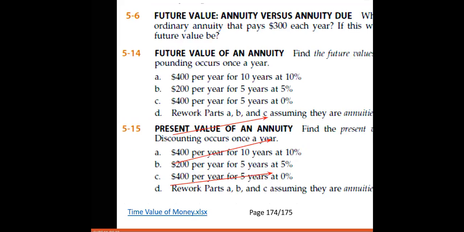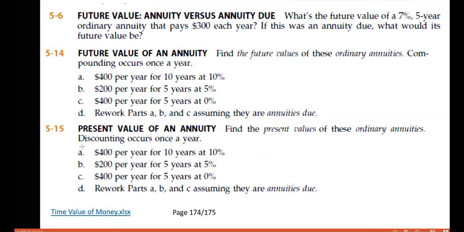The next problem is 5-15. Here you can see the data is same as given in 5-14, but the only thing is here you will have to calculate present value. Before it was for future value. Rest of the data is same.